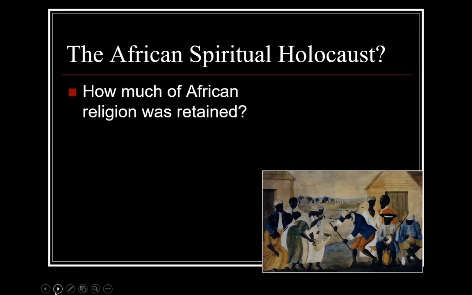Now, predominantly for several decades, there were two basic theories about this. One was developed by a scholar named Melville Herskovits, and his view was that African religious survivals, the things that Africans held on to as they were enslaved, allowed them to move forward and were responsible for the creation of African American religion.